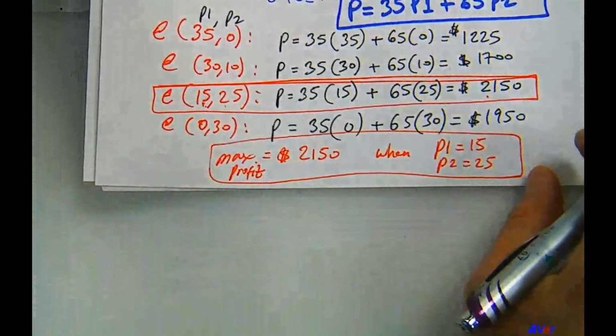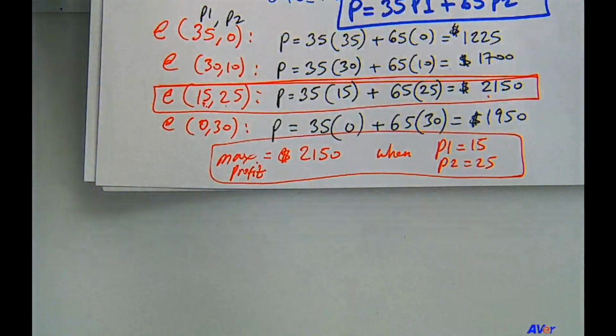So these word problems, as I said earlier, are always solved the same way. It doesn't matter what course you're taking. You're going to have to introduce variables. So you read the problem carefully and introduce your own variables that make sense. In this case, we picked P1 and P2 because we were talking about how many of one product and a second product we need to manufacture and sell to maximize profit.